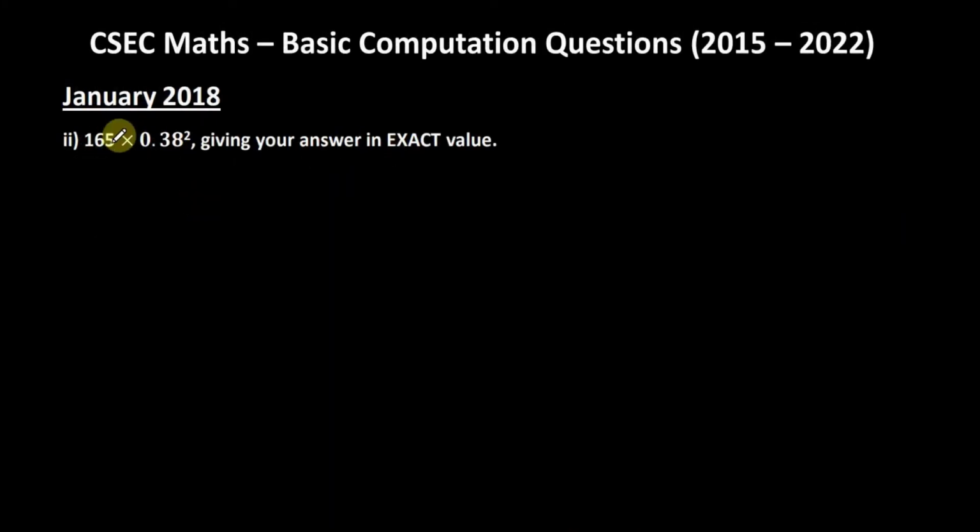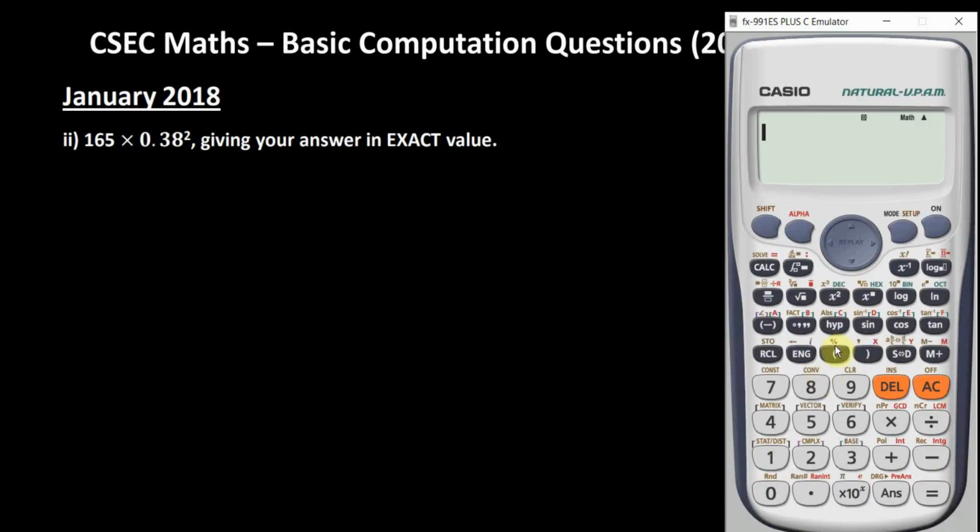And our next question was taken from the January 2018 paper, and it reads 165 times 0.38 squared, and they want us to give the exact value. And again, we're going to use our calculator to aid us. So there we go. It's 165 times 0.38 squared.